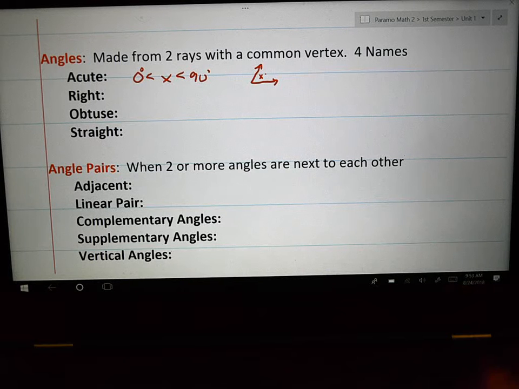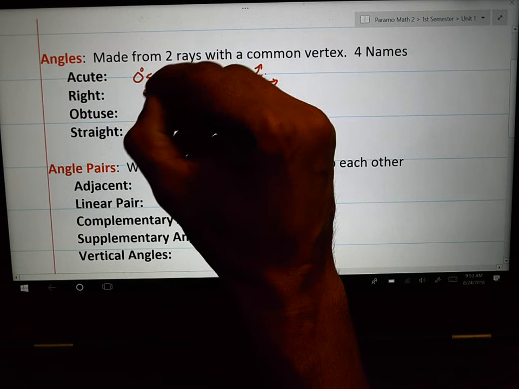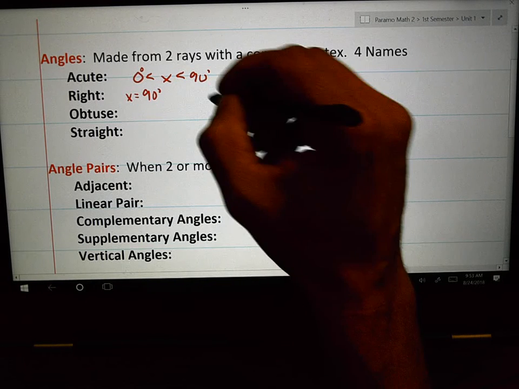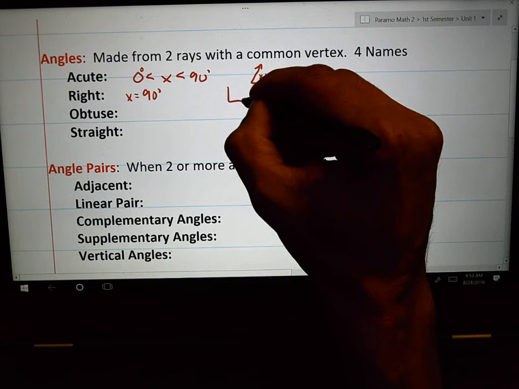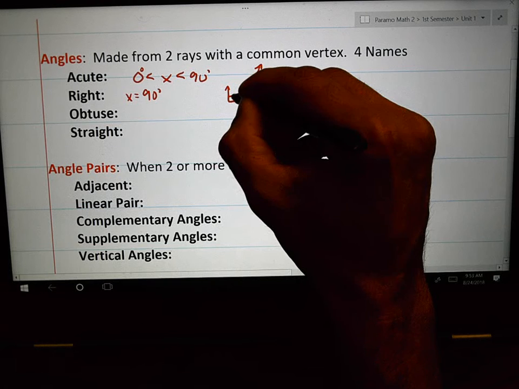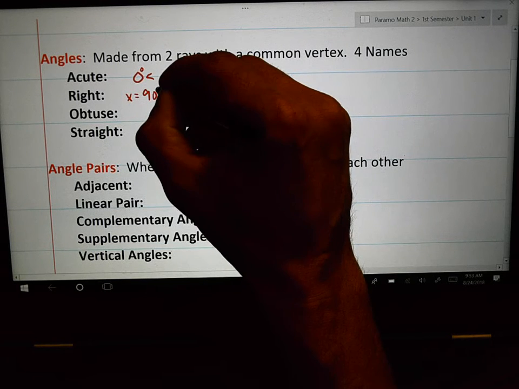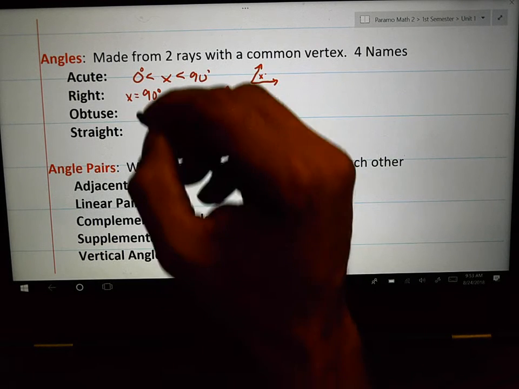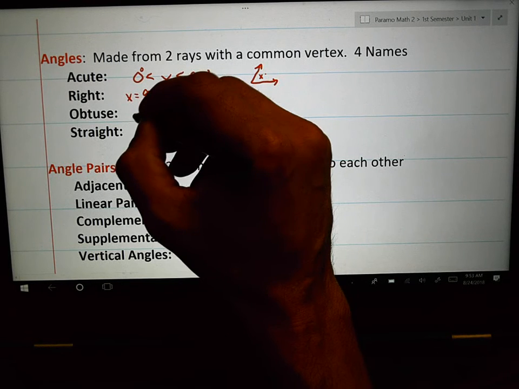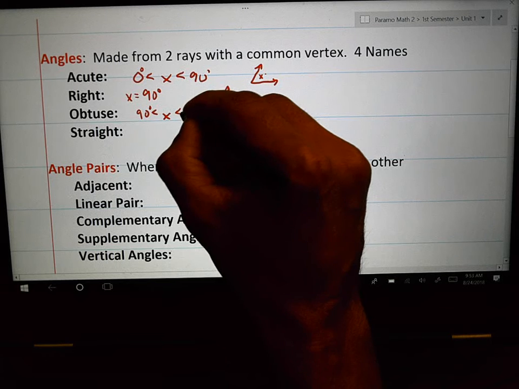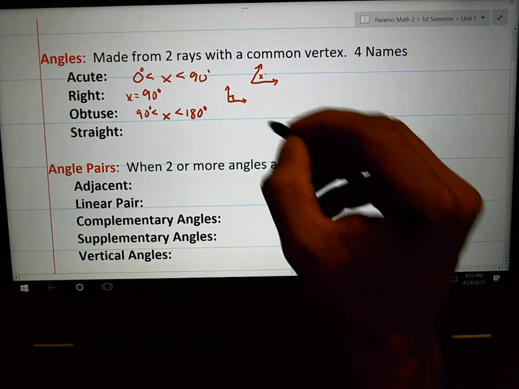Mathematically, a right angle is equal to 90 degrees. As a picture, it would look something like this, with usually a little box in it that looks like that. That box means that it is exactly 90 degrees. An obtuse angle is something that is bigger than 90 degrees, but smaller than 180.